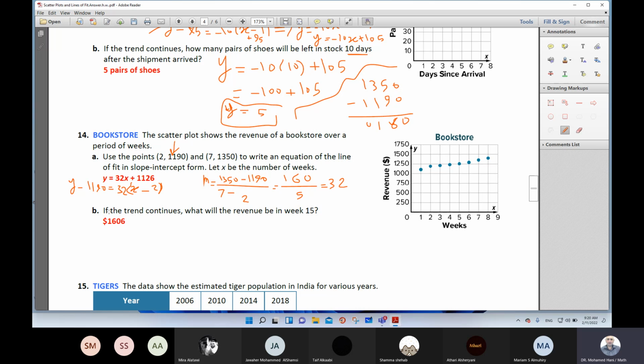Then we can simplify this equation and we can add 1190 to the two sides to remove negative 1190 from this side.